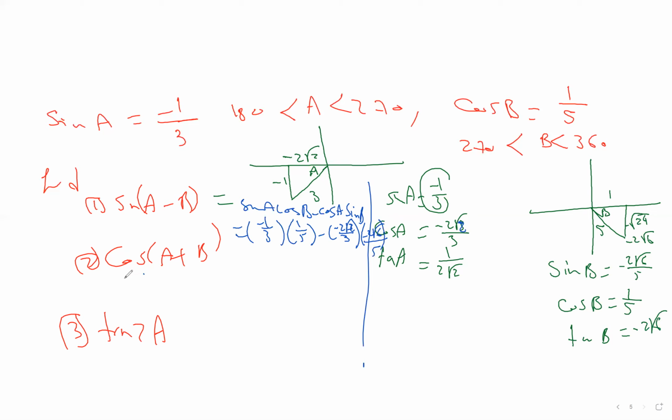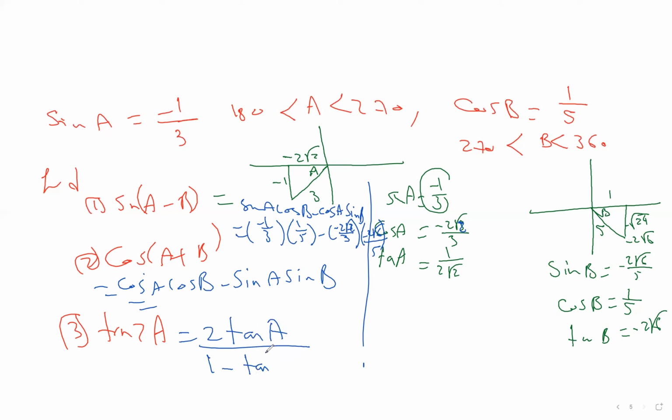And cosine A plus B, you have the rule: cosine A cosine B minus sine A sine B, and substitute also from A and B. And tan 2A, which is 2 tan A over 1 minus tan squared A, equals 2 times, where is tan A?